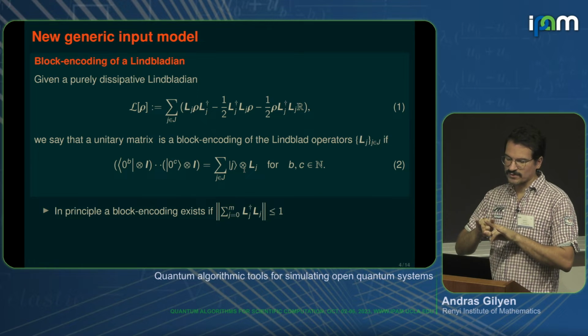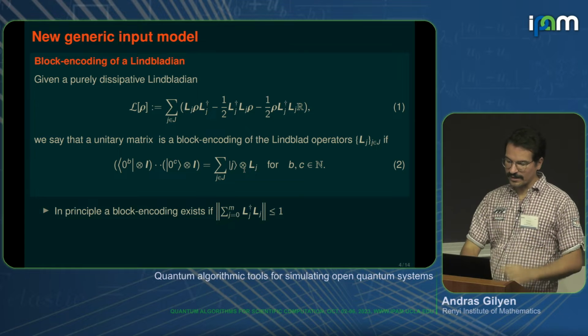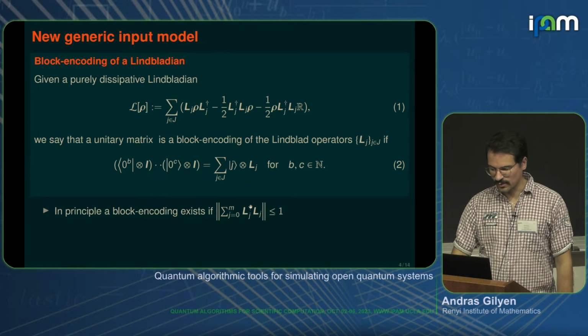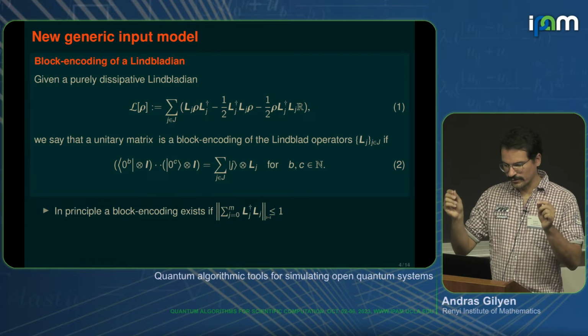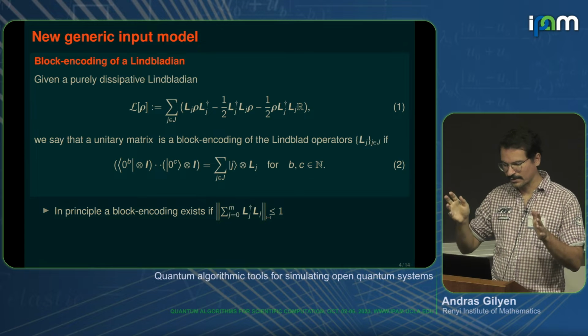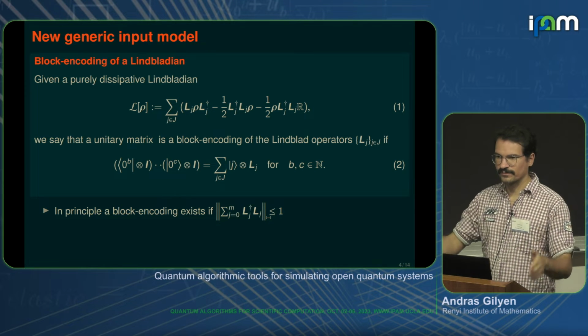If the matrix had norm at most 1, then it multiplied by its adjoint also has norm at most 1. And that is this condition that I described here. If this condition is satisfied for the jump operators, so the norm of the sum of these L-dagger L operators is bounded by 1, then in principle you can have such a block encoding of your input.